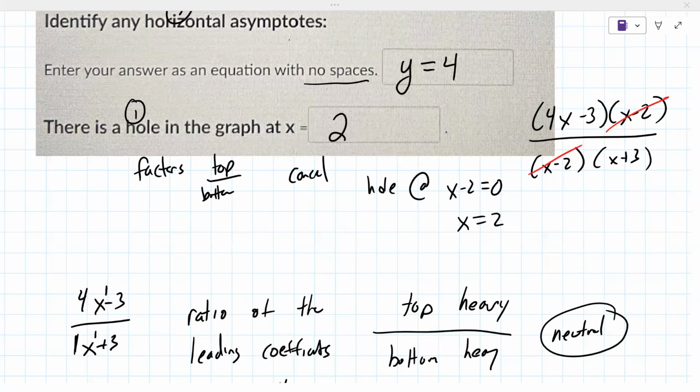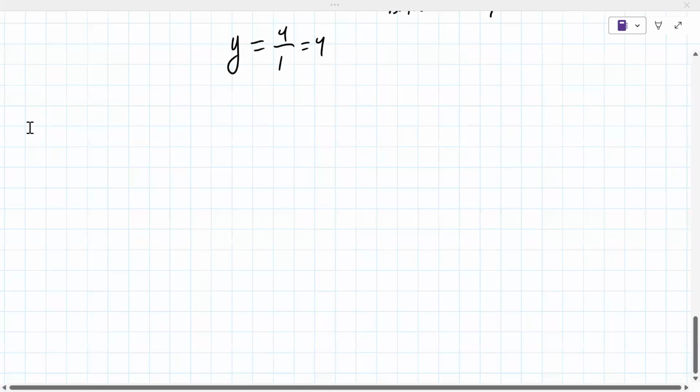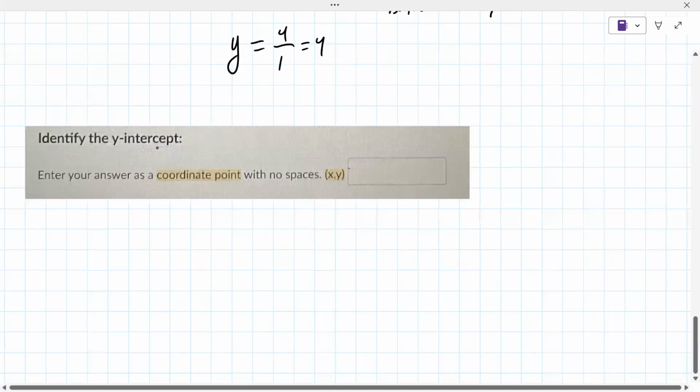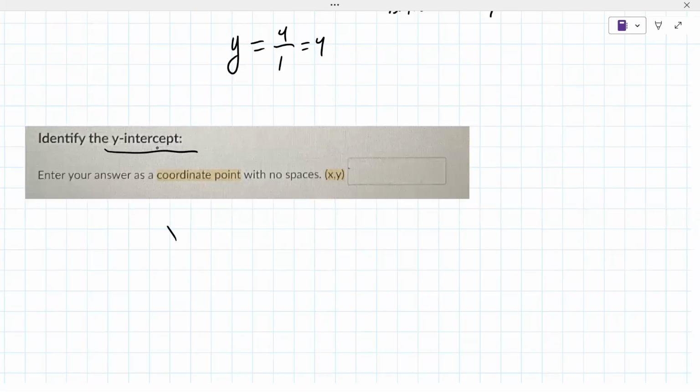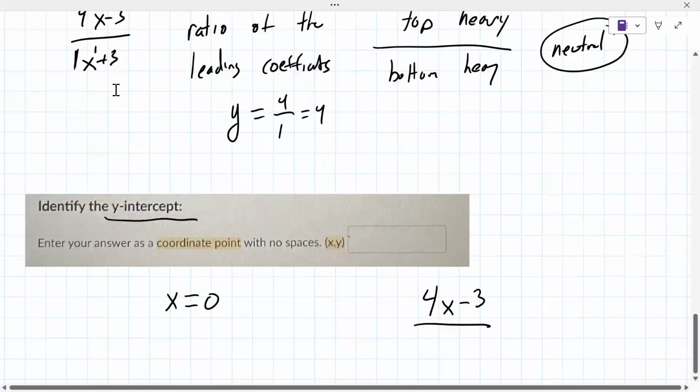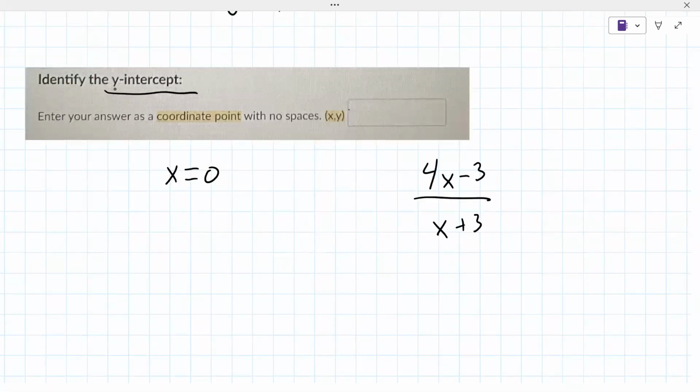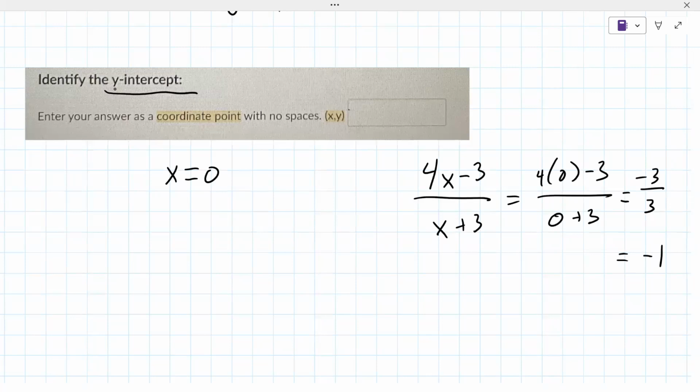Okay. So the next thing is the y-intercept. So the y-intercept is setting x equal to 0, and you're going to use that reduced form. So 4 times 0 minus 3 over 0 plus 3 equals -3 over 3, which is -1.